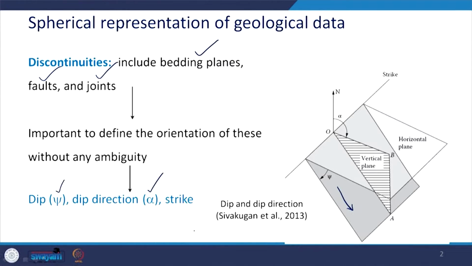Now, let us consider a vertical plane through this line OA, that is this one which is hatched from OA, which intersects the horizontal plane along this line OB.